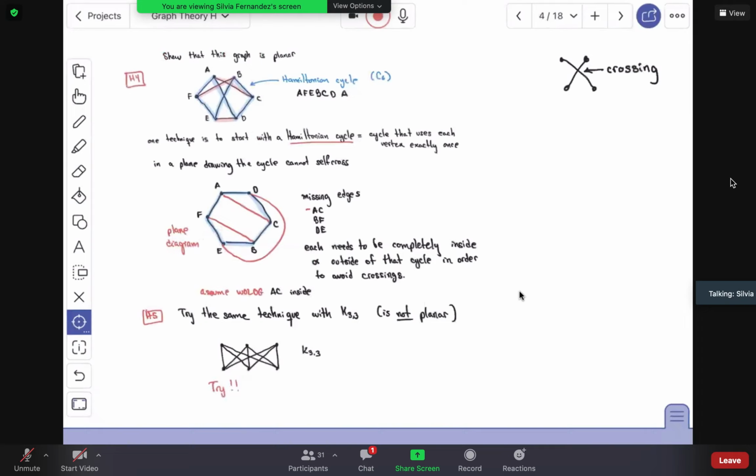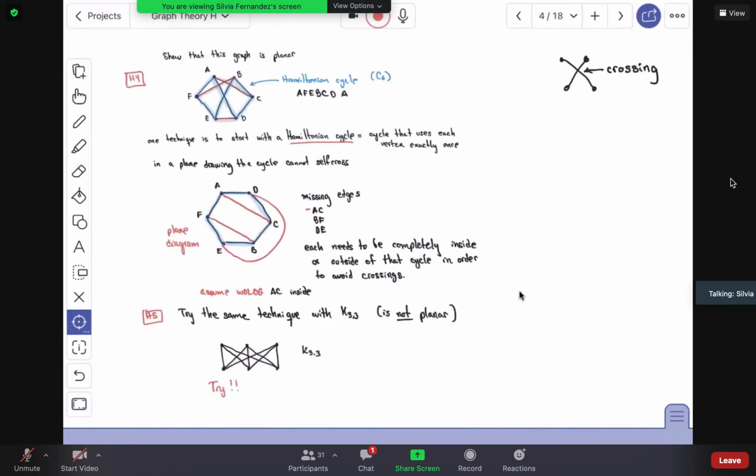And the remaining edges are completely contained inside or completely contained outside. Because if one of those edges is part outside and part inside, then it will need to cross the boundary, and that boundary is made of that Hamiltonian cycle. So that's the idea of this first proof.